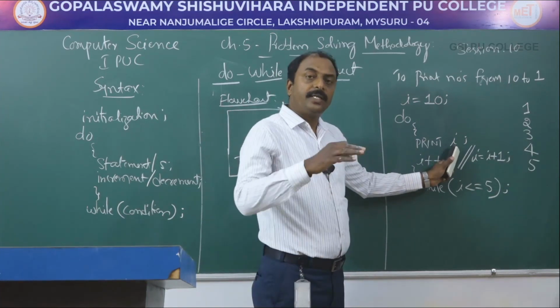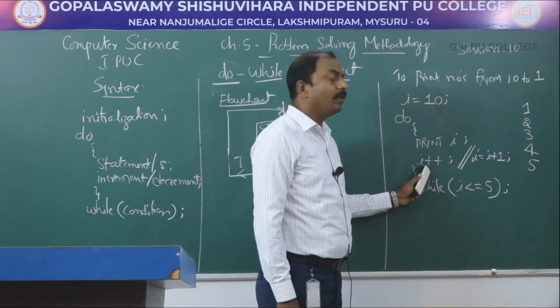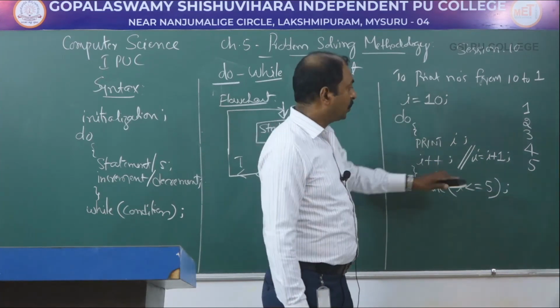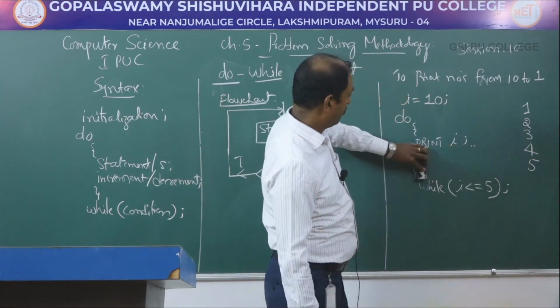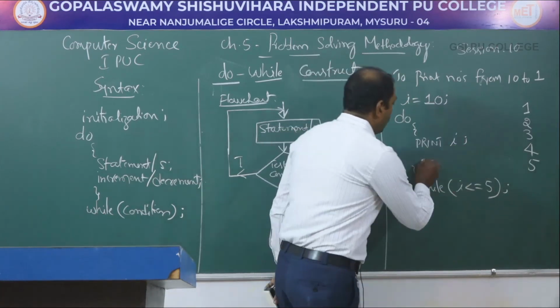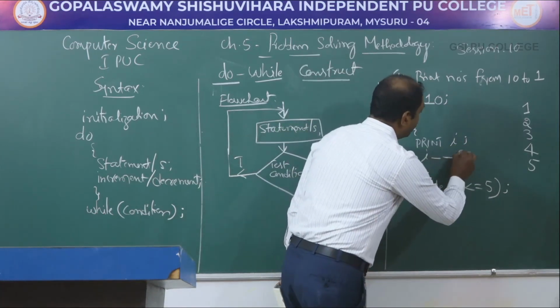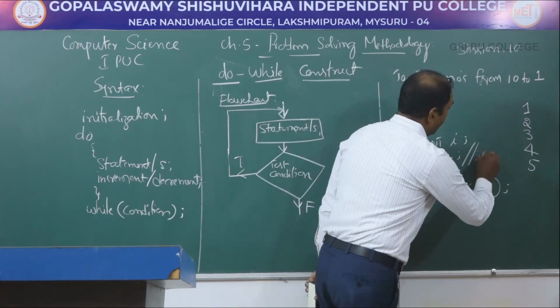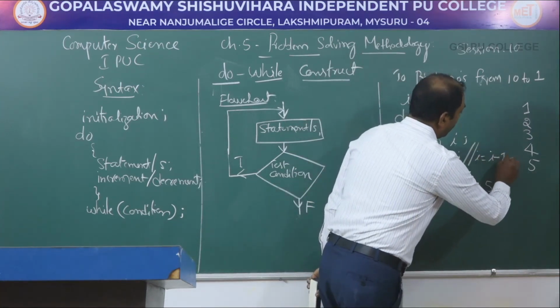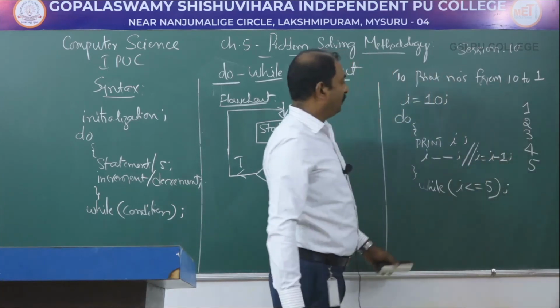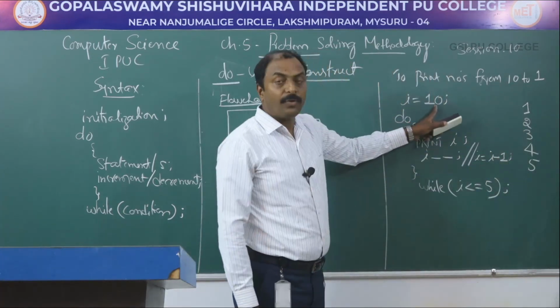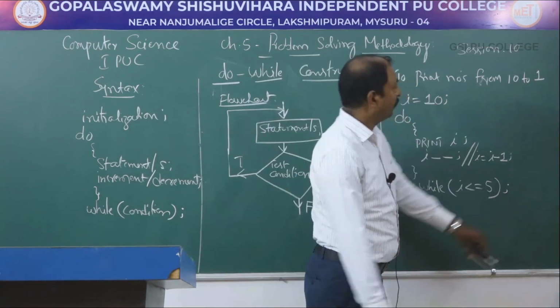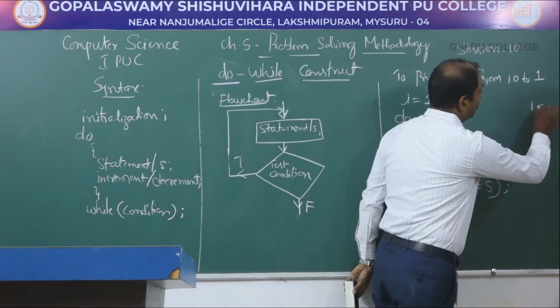So here after 10, I would like to make it as 9. So it should be a decrement. Here I have to make use of the decrement operator. So it will be I minus minus and semicolon. This is equivalent to I equals to I minus 1. Because at the beginning I value is 10, I would like to print value as 10.